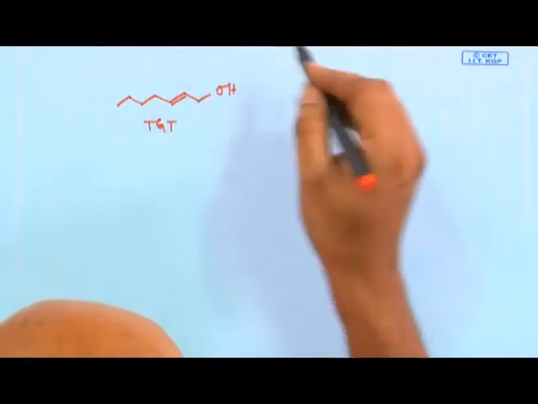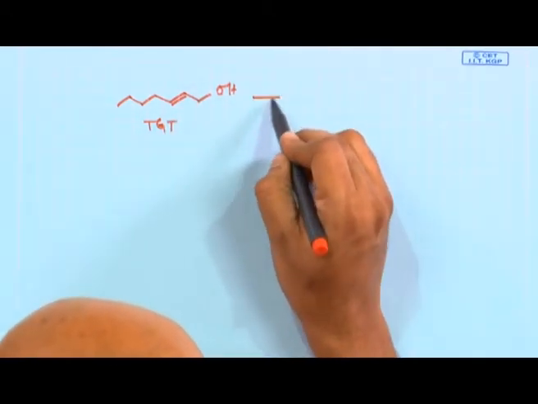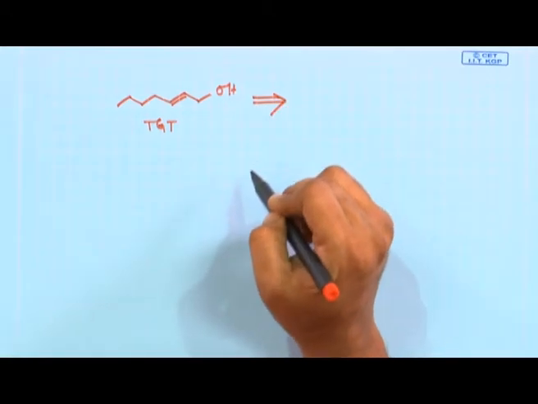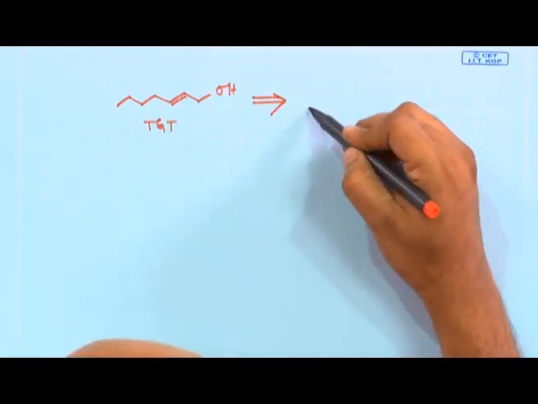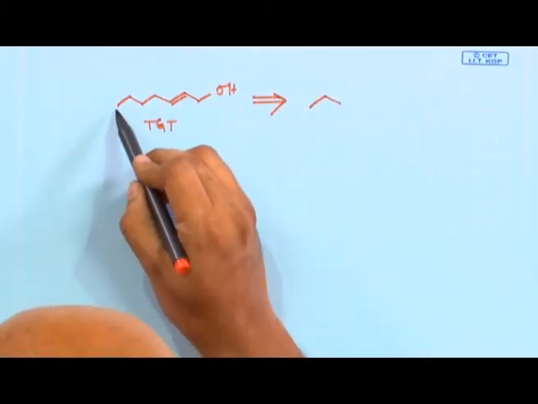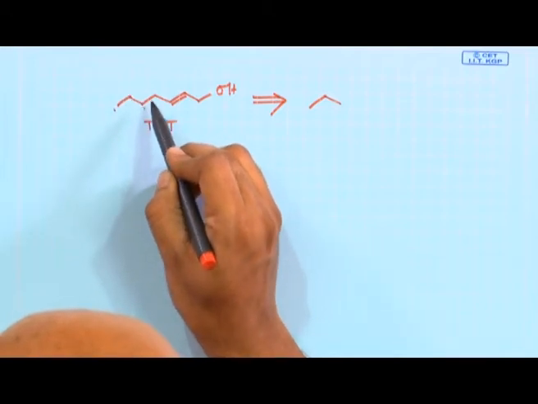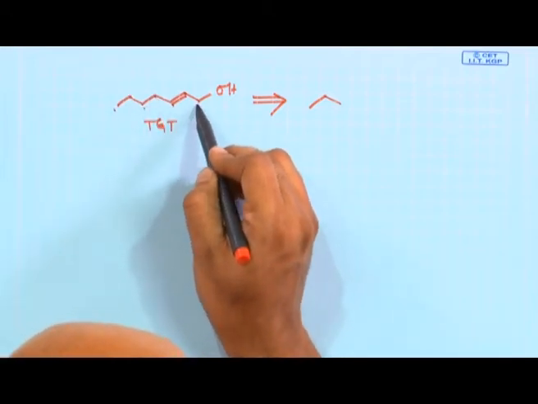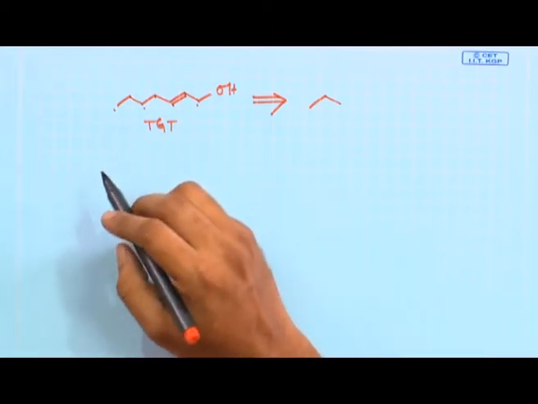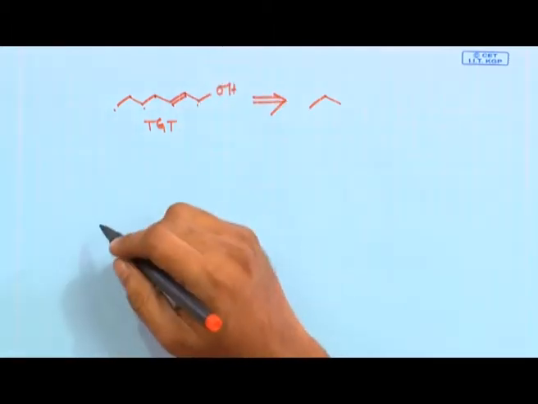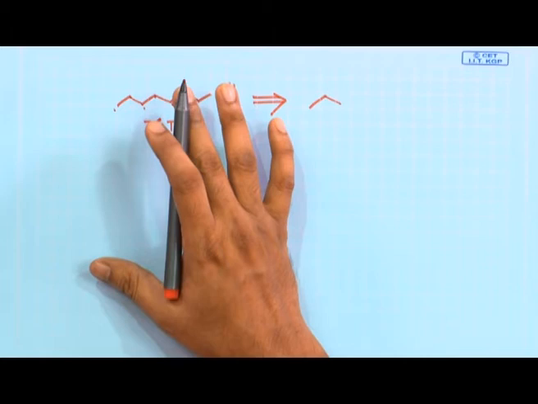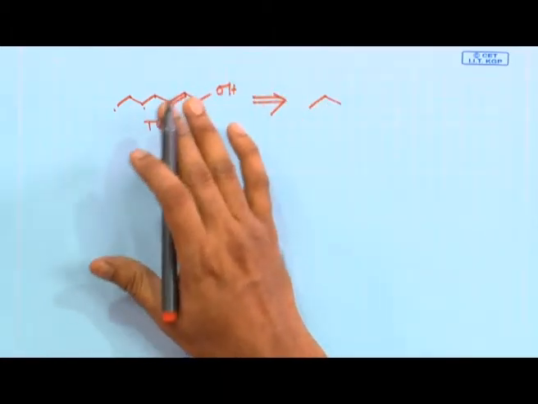We are just trying to test some of your knowledge. Now, this is a 1, 2, 3, 4, 5, 6, 7 carbon unit. Okay. So, it is a very simple reaction. There are many ways you can basically do it.